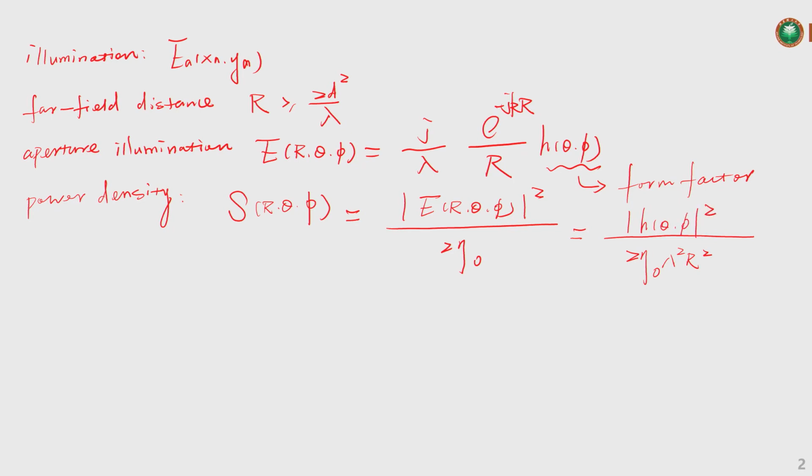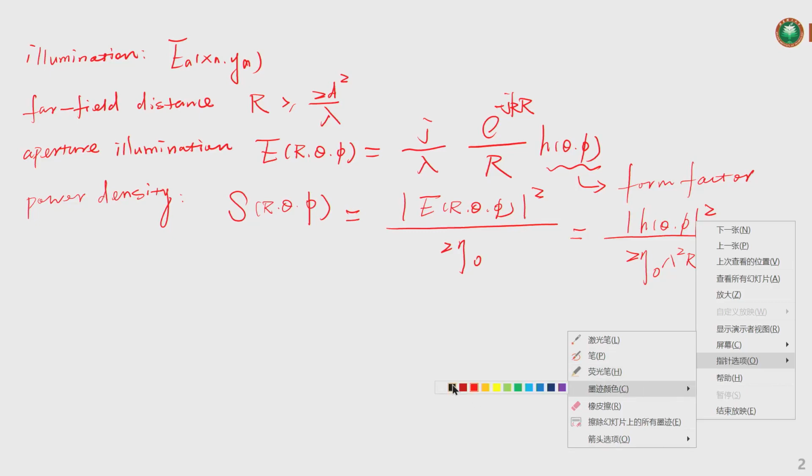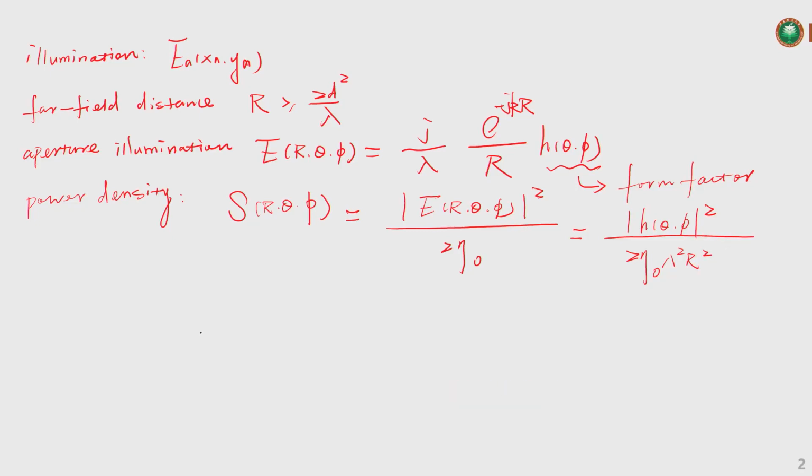This way. So this is the periodicity of the radiated beam, and then we take an example for the rectangular aperture. So for a rectangular aperture, we take the area element for an example.